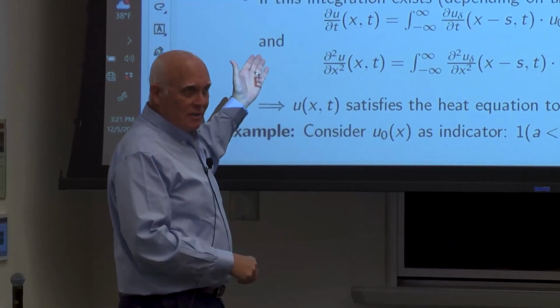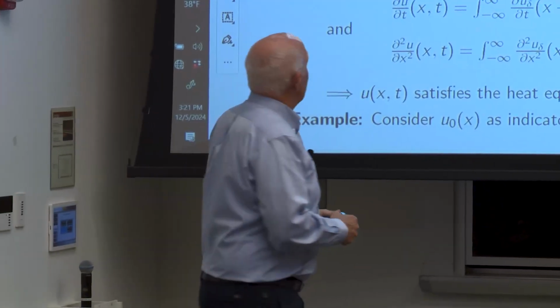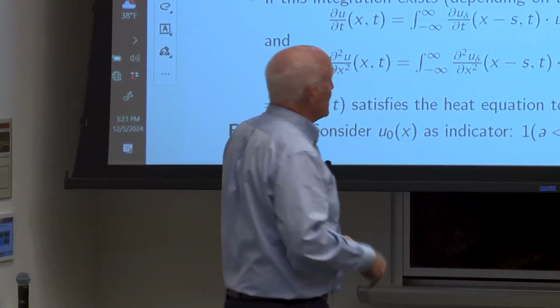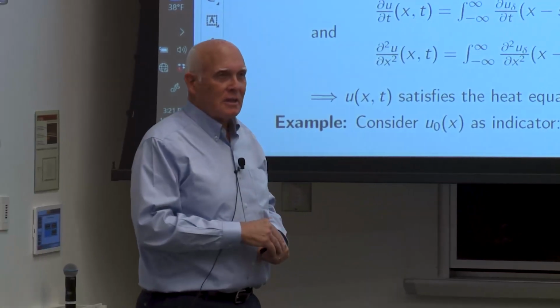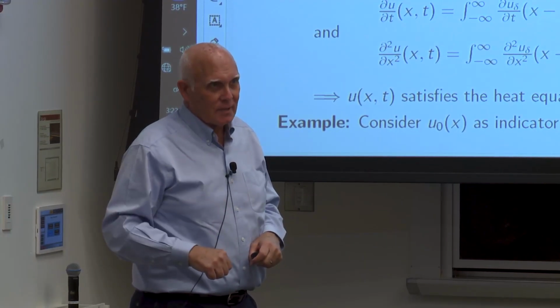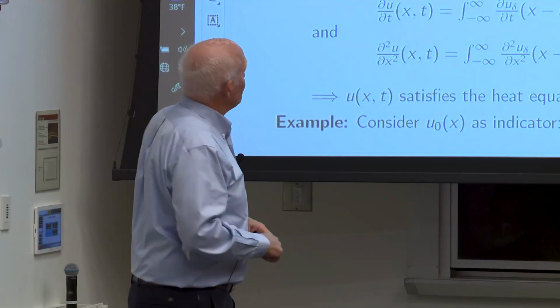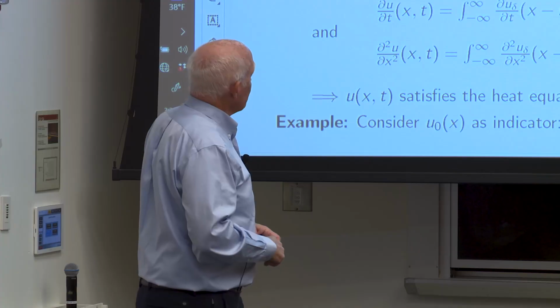In this discussion, we can think of u naught of x, the initial value, as some arbitrary known function. So it's like the boundary conditions of this function at time 0.